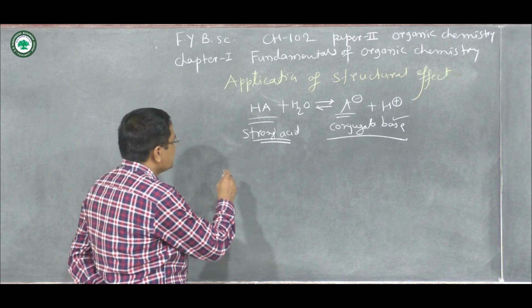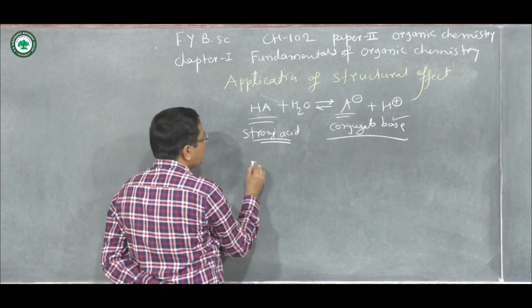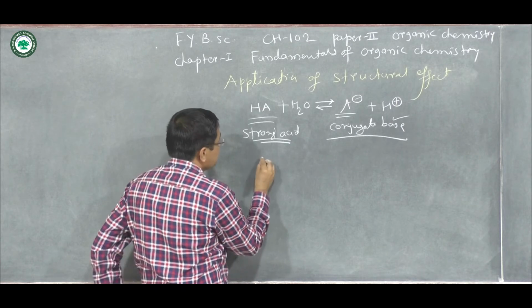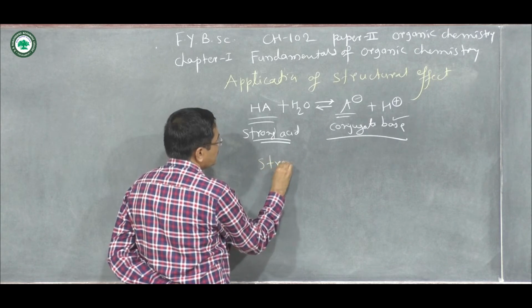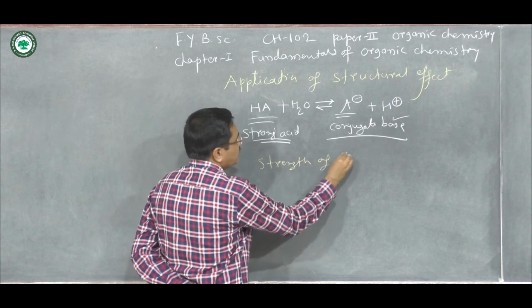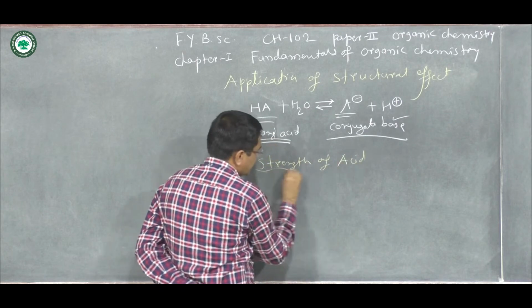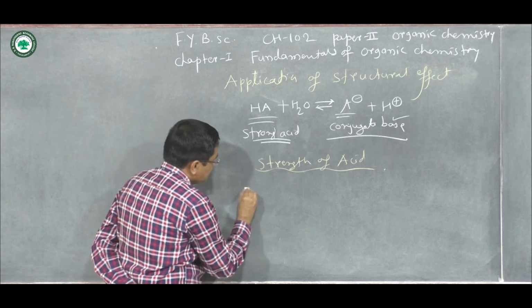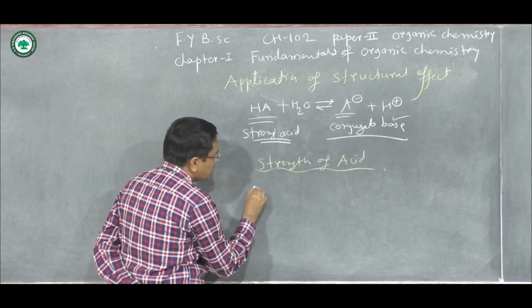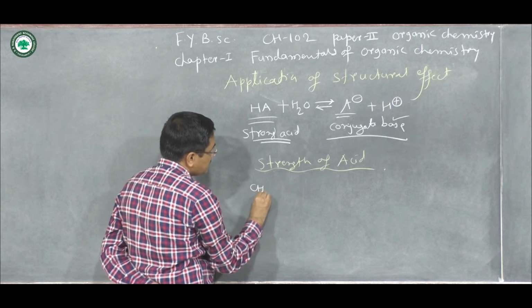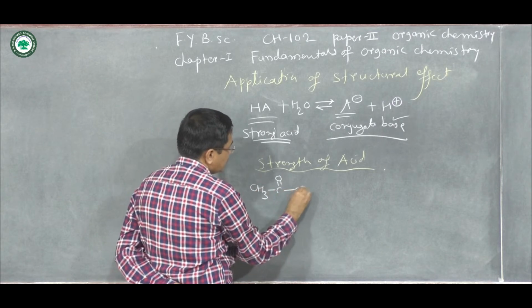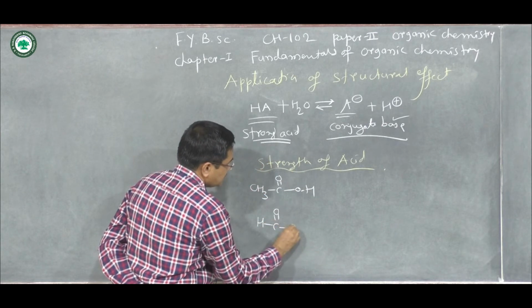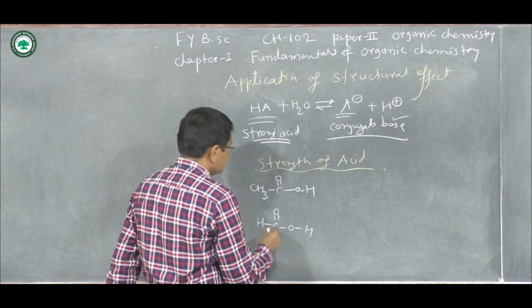Now we will see some example. Suppose you compare in between, means first point we will see here strength of acid. Now here we take the example or we compare in between acetic acid and formic acid.